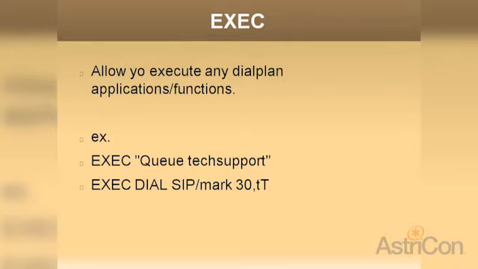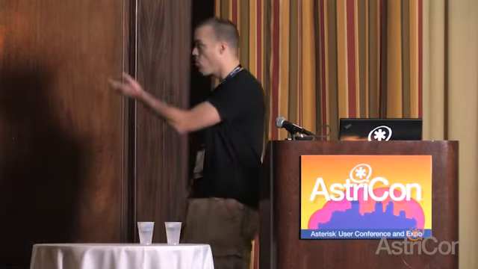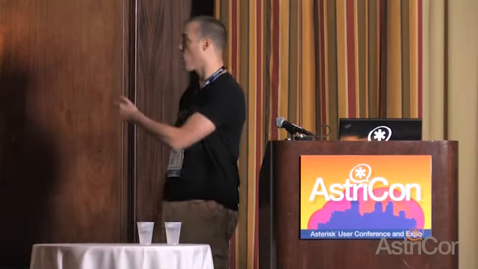So you can do an exec Queue tech support, and under the hood it's going to call the regular Queue, which is the same as the Queue application in the dial plan. It's the same for Dial. You can dial, for example, Mark, and you can also use the exact same syntax as in the dial plan.